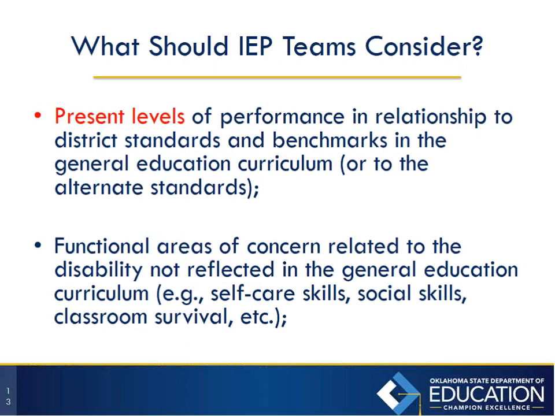State, district-wide results, all of that is data that is collected and can be included in this present levels of performance. It can be in relationship to the district standards and benchmarks in the general education curriculum, or if a student is taking the alternate assessment aligned to alternate standards.